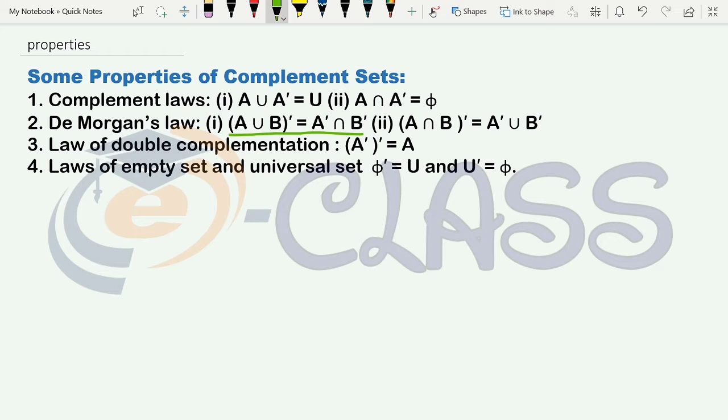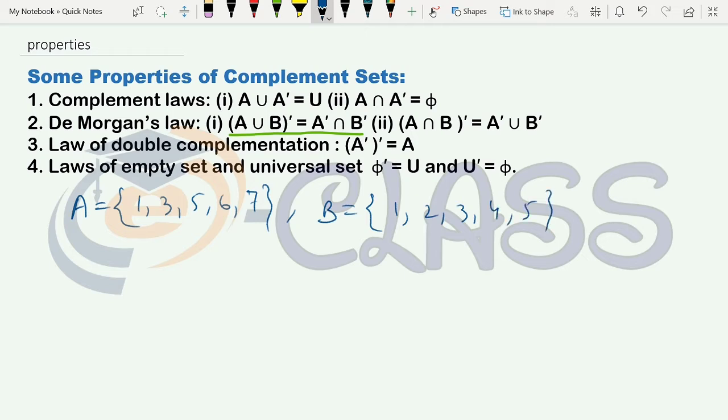So take A equals the set {1, 3, 5, 6, 7} and B equals {1, 2, 3, 4, 5}.